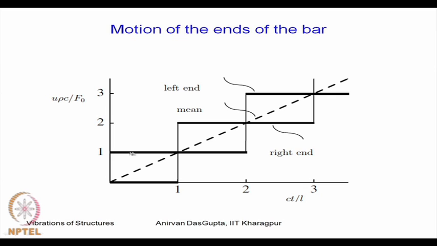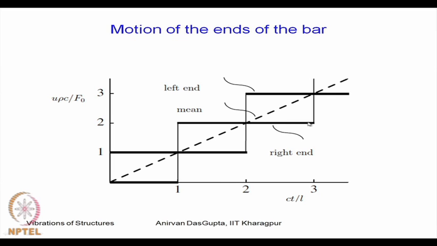The left end remains displaced at a constant value, as we have seen just before. The right end of the bar does not know until time L over c; then the right end knows that there is a displacement front. So, it gets displaced twice this distance and it stays here.